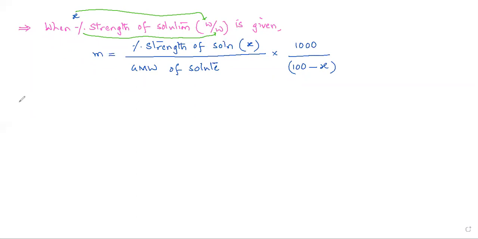Now, coming to units, just like mole per liter in case of molarity, this is mole per kg. Now, coming to the effect of temperature, molality is independent of temperature. This is an important point.